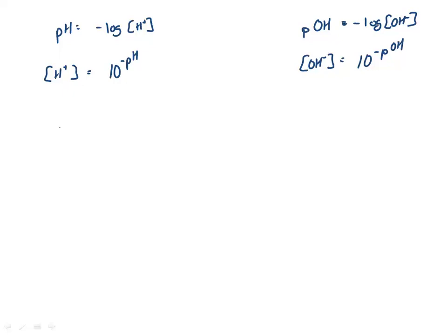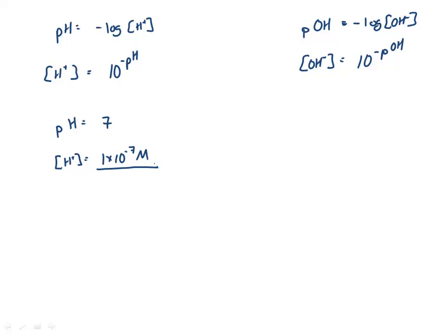And so, for instance, if I have a pH equal to 7, we know that our H plus concentration better be 1 times 10 to the minus 7 molar. So go ahead and plug that into your calculator and make sure that that's actually what you get.